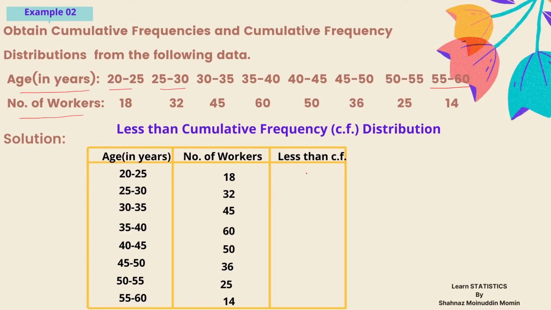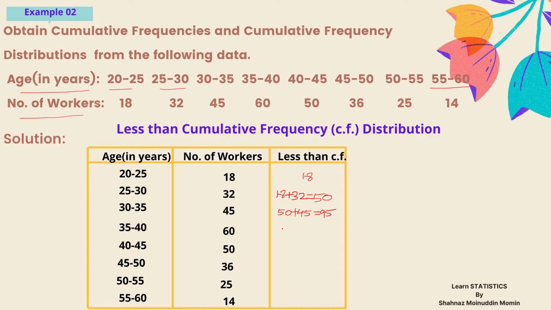Write down 18 first as it is. Second, we write the total of the first two numbers of workers, means 18 plus 32, which comes out to be 50. For the next less than CF, we add the first three numbers of workers, means 50 plus 45, and it is 95.